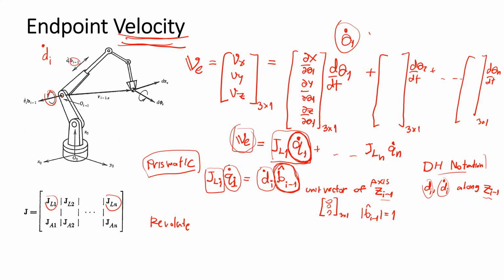If we see this picture, the endpoint velocity, if we need to relate it to the revolute joint, the velocity at this point, when we consider the rotation about this joint, the important factor is the position vector that lies between the omega to the endpoint position.